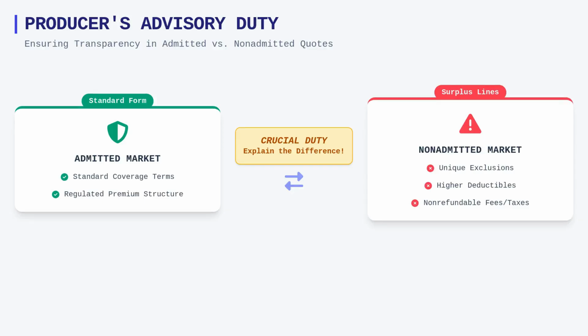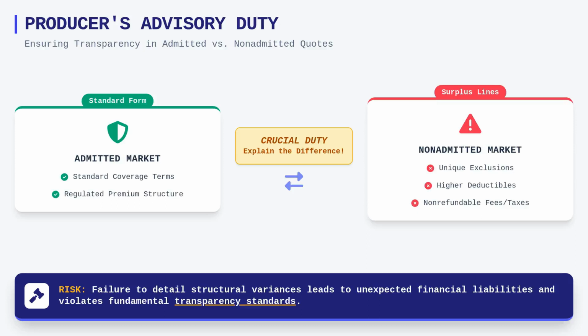Furthermore, surplus line transactions often involve non-refundable fees and taxes added onto the base premium. Failing to detail these structural variances leaves the consumer exposed to unexpected financial liabilities and violates the fundamental standards of transparency established by the code.